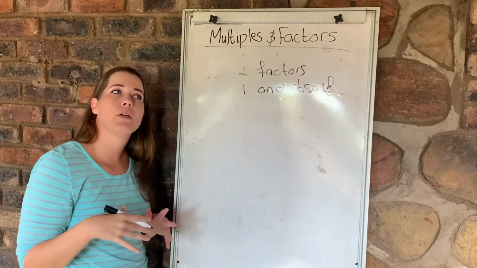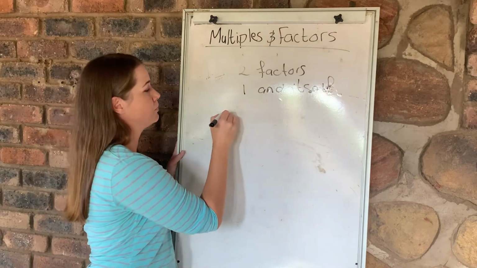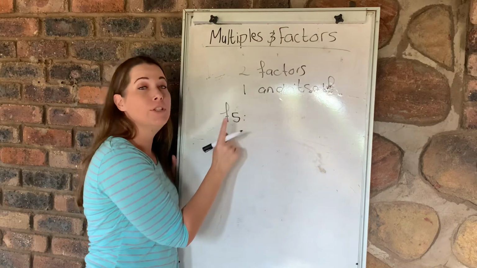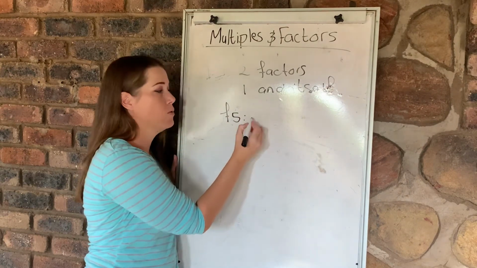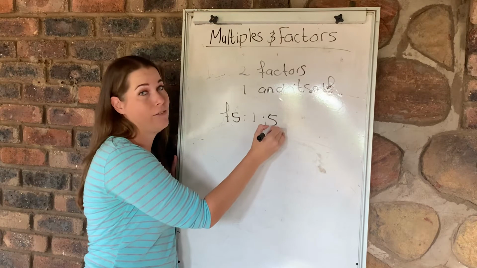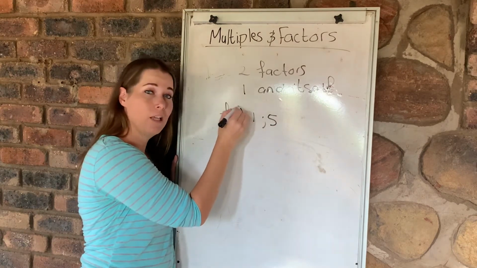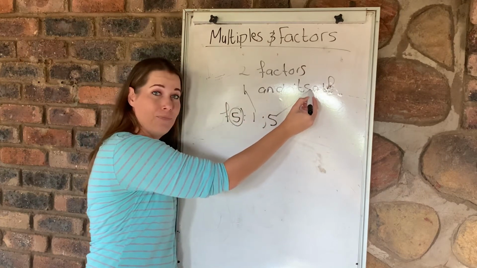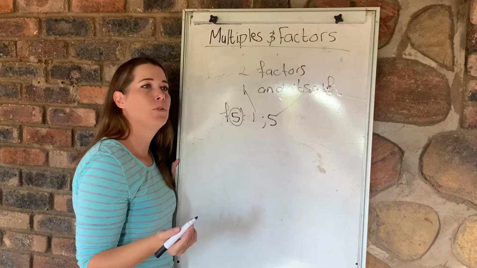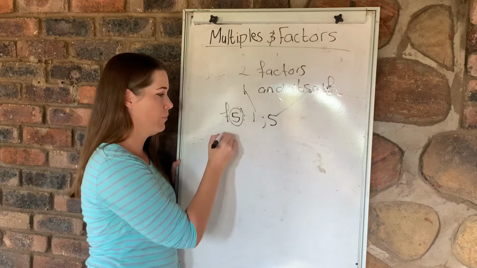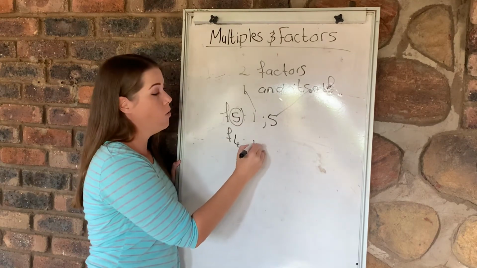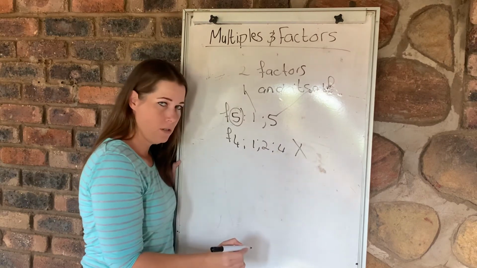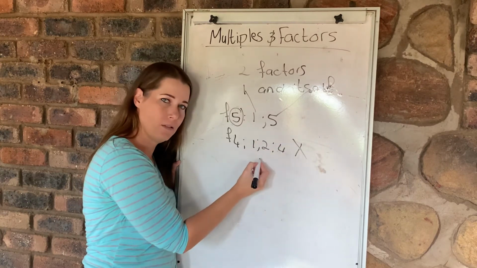If we take the number 5, for example, if we want to write the factors of 5, there are only 2 numbers that divide into 5. It's 1 and 5. So it is a prime number because it only has 2 factors, 1 and itself. If we look at the number 4, the factors of 4 are 1, 2 and 4. So it is not a prime number because it has more than 2 factors.